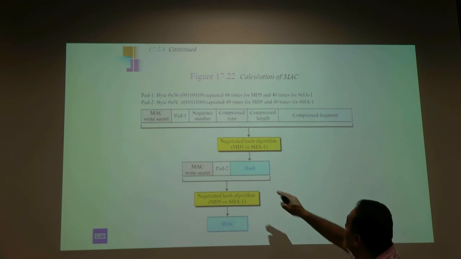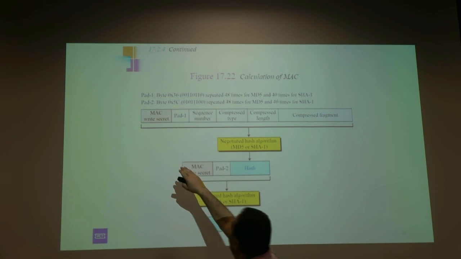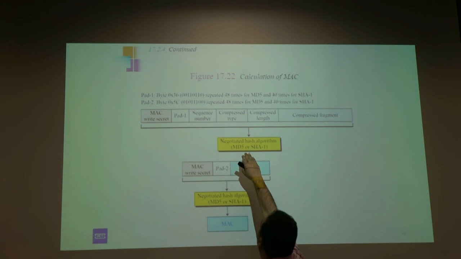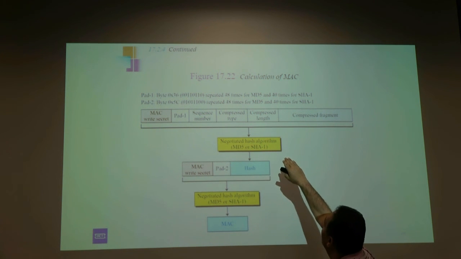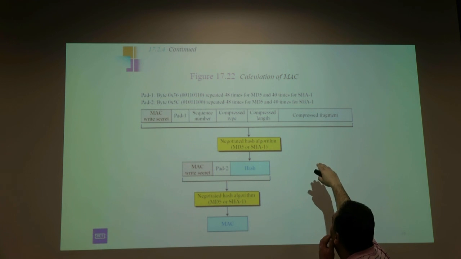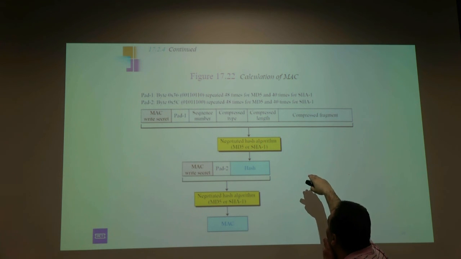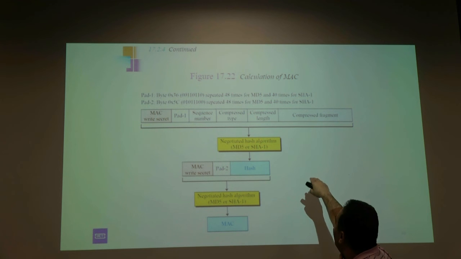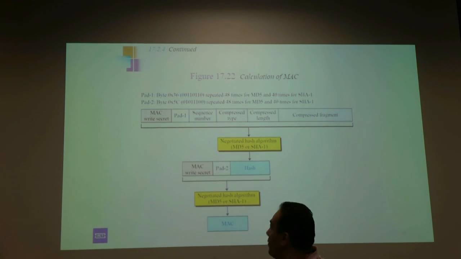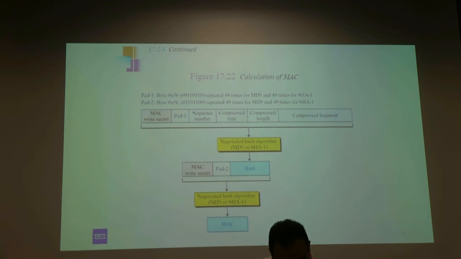Here you have the MAC with the secret, the sequence number, the compressed type, the compressed length, and the compressed frame. The negotiated hash algorithm will be applied, and you create the MAC for it and attach the MAC, which goes here.